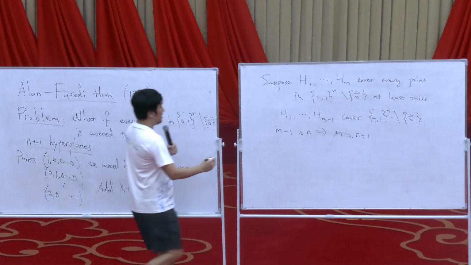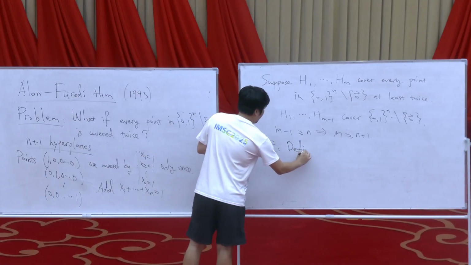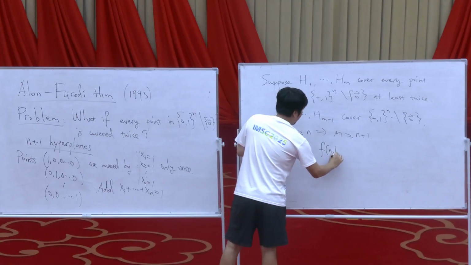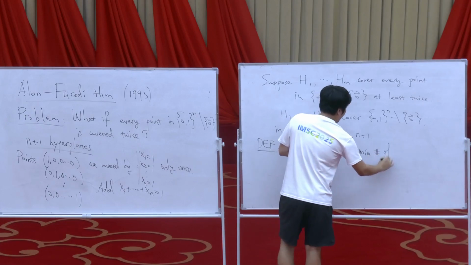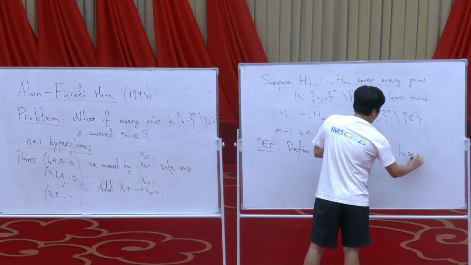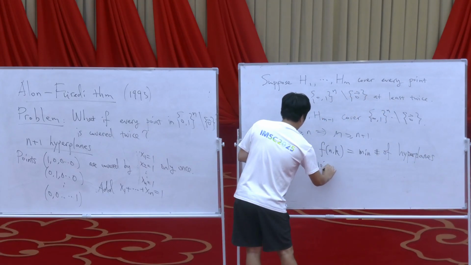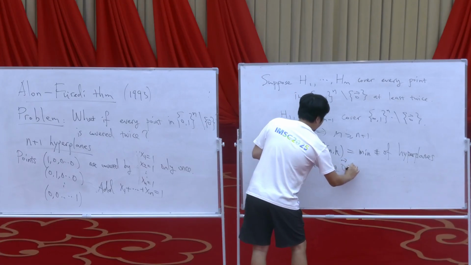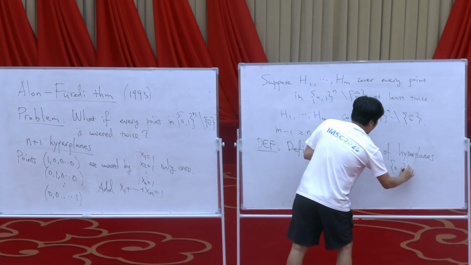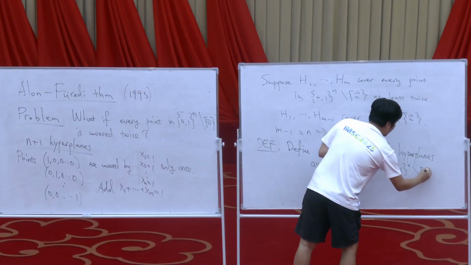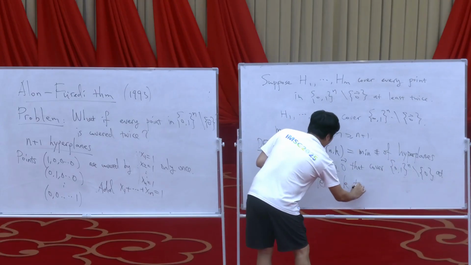Okay, so let's define f n k to be the minimum number of hyperplanes avoiding the origin that cover the hypercube without the origin at least k times.